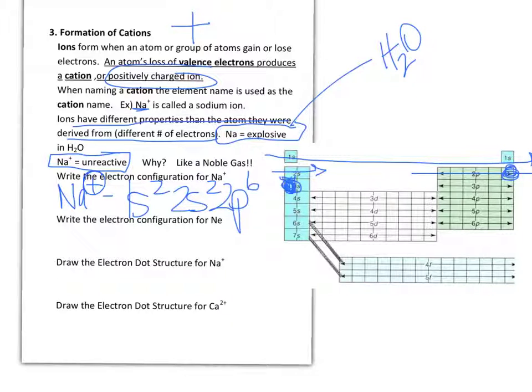Therefore, instead of 11, we are going to account for 10. So 11 minus 1 equals 10. And if you count up the electrons that are here, 6 plus 2 is 8, plus 2 is 10. That is the electron configuration for the sodium ion.